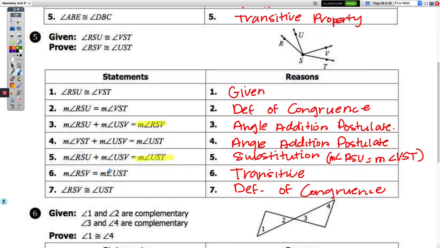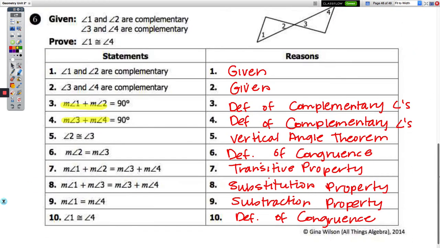Therefore, these are equal together, so that's transitive. And then when you go from the measures being equal to the angles being congruent, that is the definition of congruence. Okay, and then number 6.